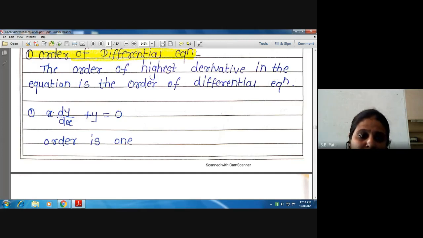In this equation, x dy by dx is a first order derivative, plus y is equal to 0. That means the highest order derivative is 1. dy by dx is the highest order derivative in this equation. So the order of this differential equation is 1.